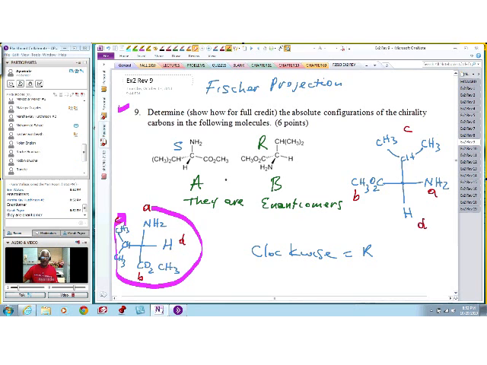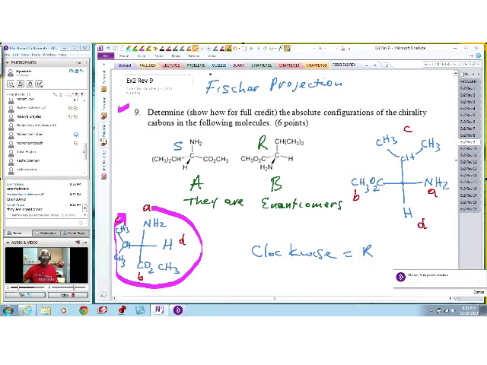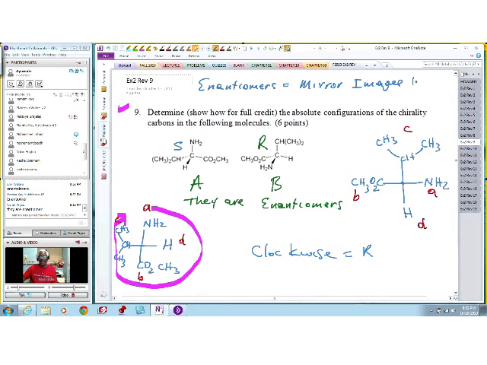They are enantiomers because both compound A and B are mirror images that do not superimpose on each other. Okay?